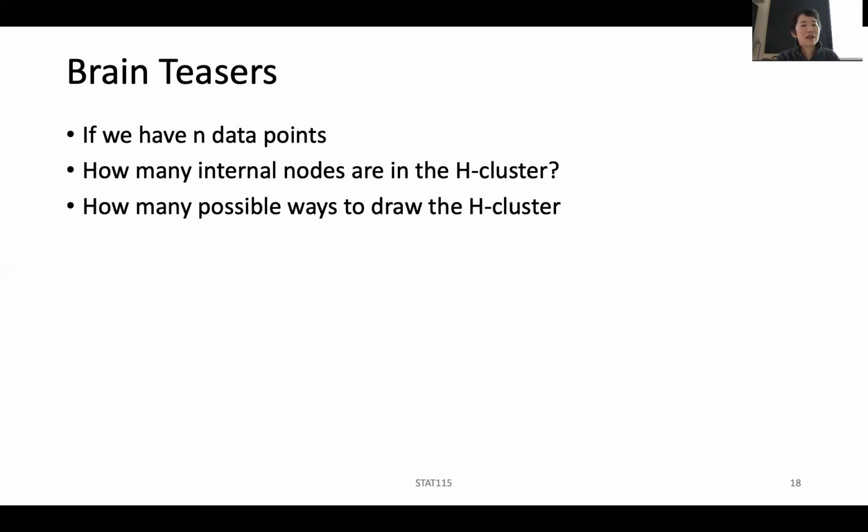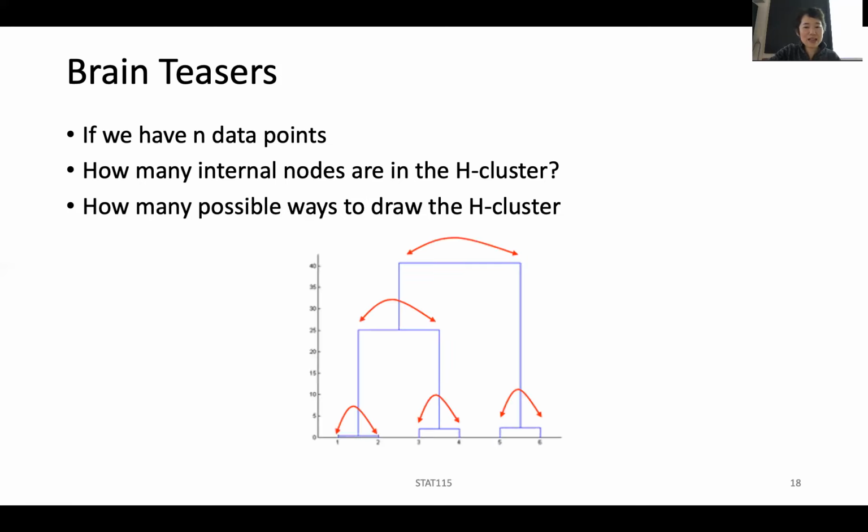Another question, how many possible ways can you draw a hierarchical clustering if you have n genes? So let's see this case. We are trying to draw 1, 2, 3, 4, 5, 6, 6 different genes.